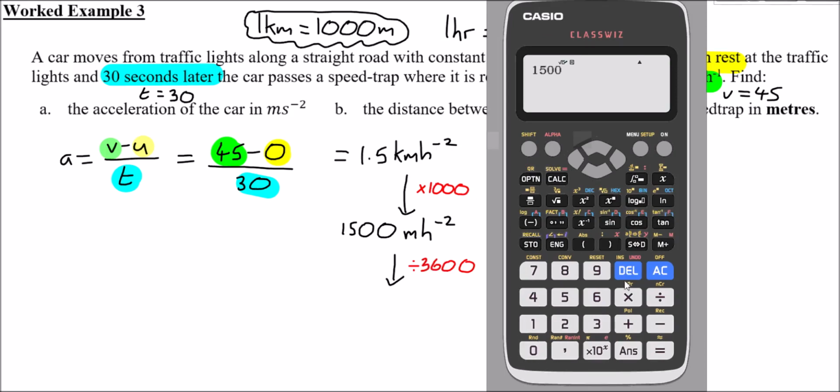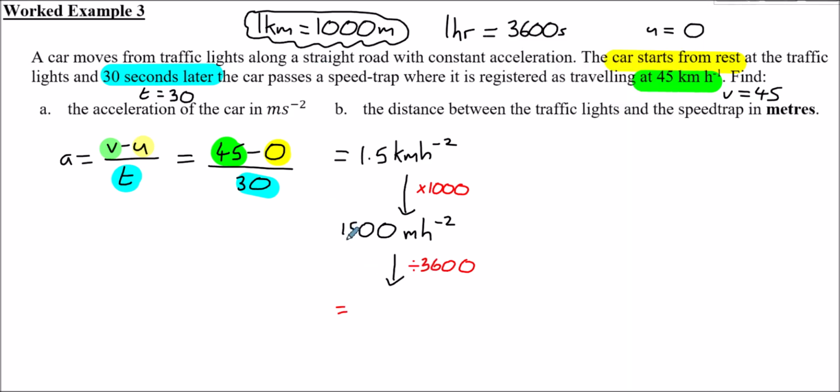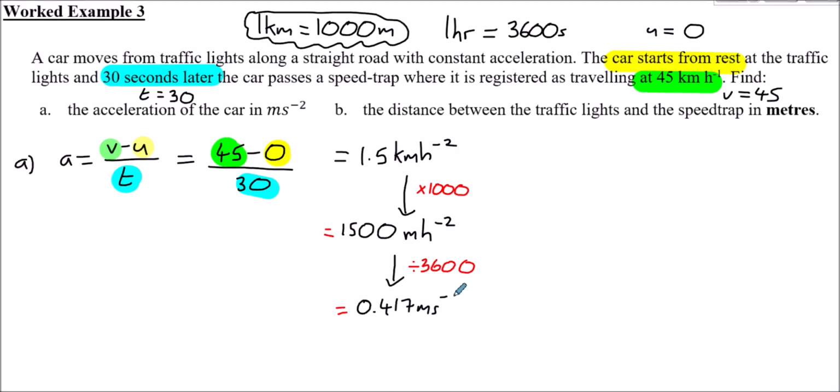So 1,500 divided by 3,600, we get here 5/12 as an exact fraction, or as an approximate decimal, we get 0.417 to 3 significant figures. So equals 0.417 meters per second squared. And that's to 3 significant figures. So I'll just write that in as well.